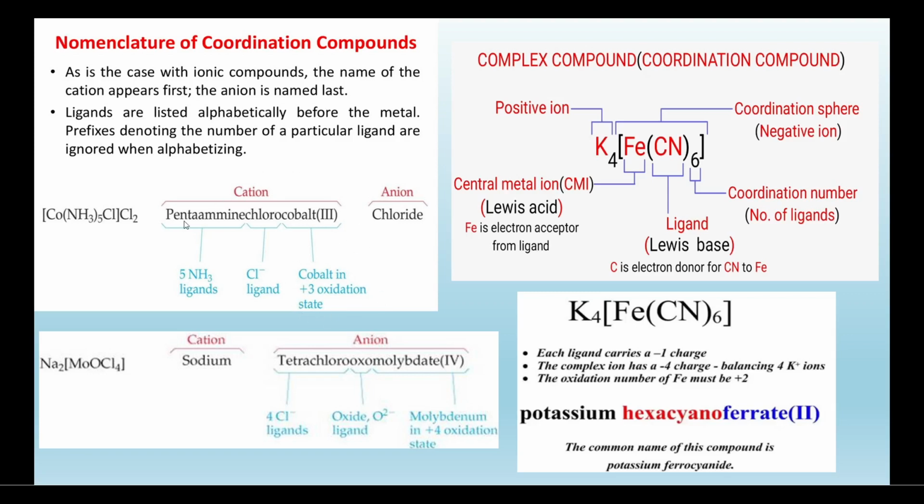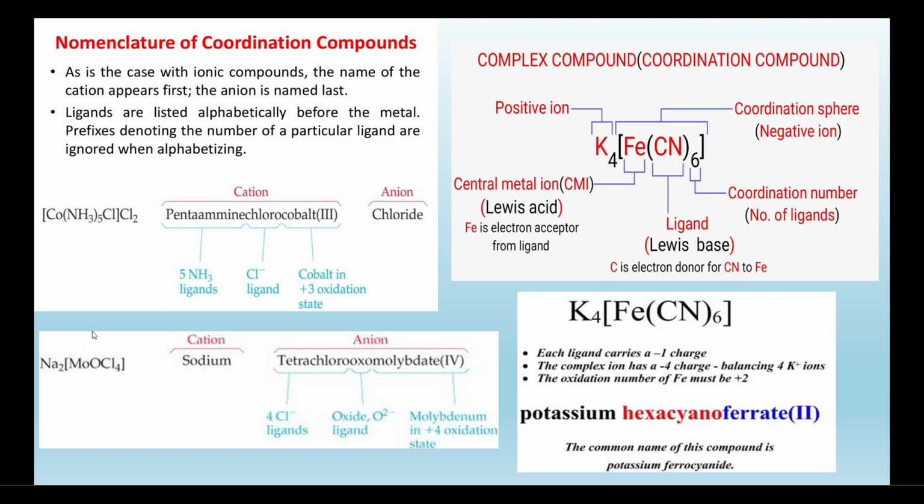Then we name it as pentaamine chlorocobalt(III), and the anion is named last, that is chloride. So we call it pentaamminechlorocobalt(III) chloride, the name of the respective coordination compound.